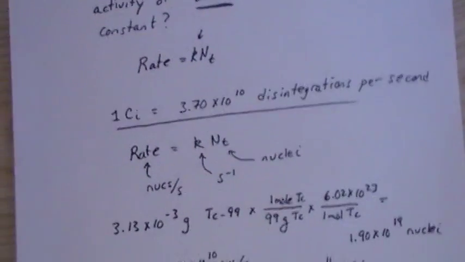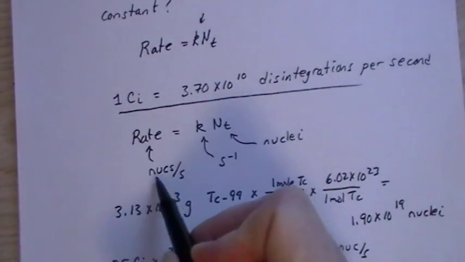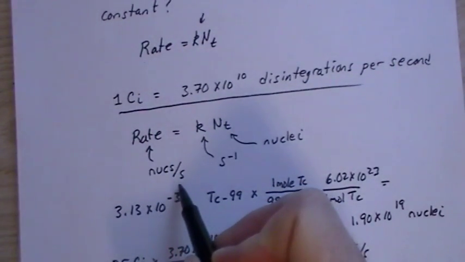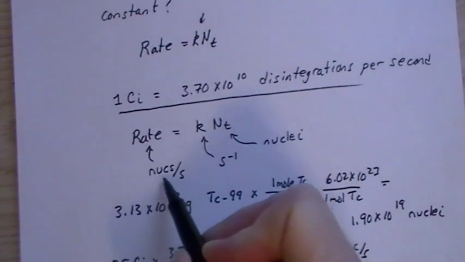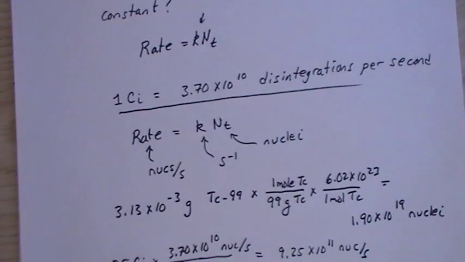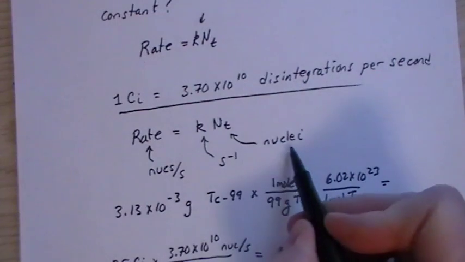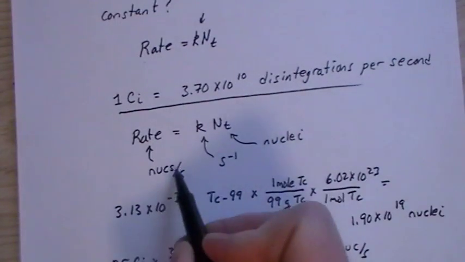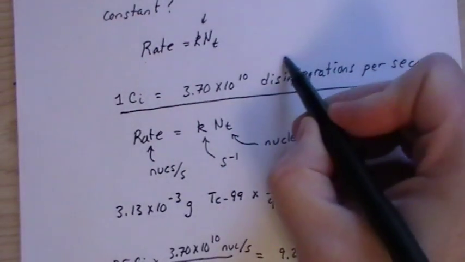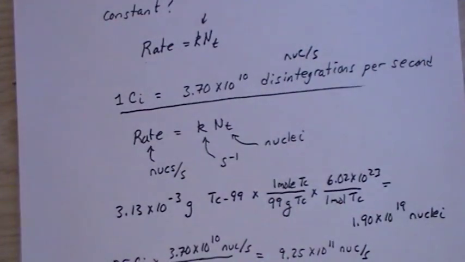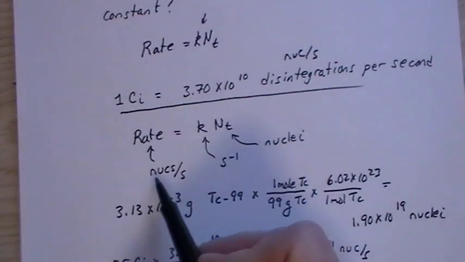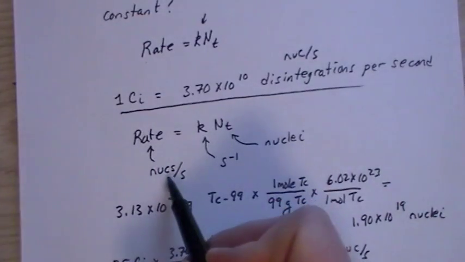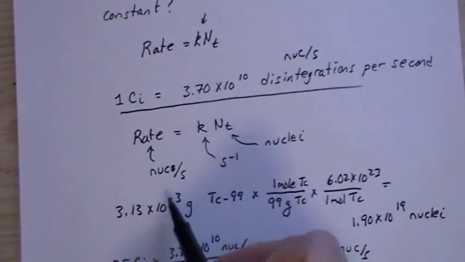So if we look at the units, rate is nuclei per second that are decaying. I have it as NUC per second. K is inverted seconds, and then nuclei. And as you can see, disintegrations are also just nuclei per second, and so you can relate these units to curies.